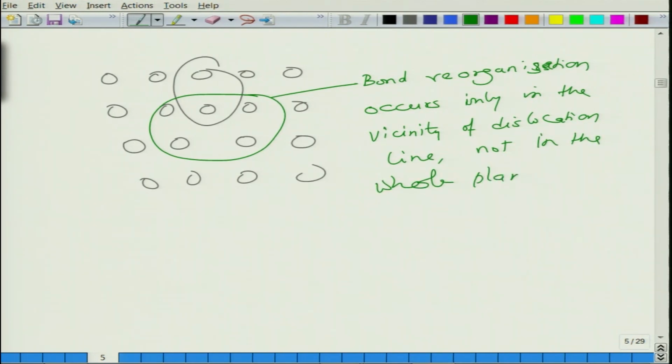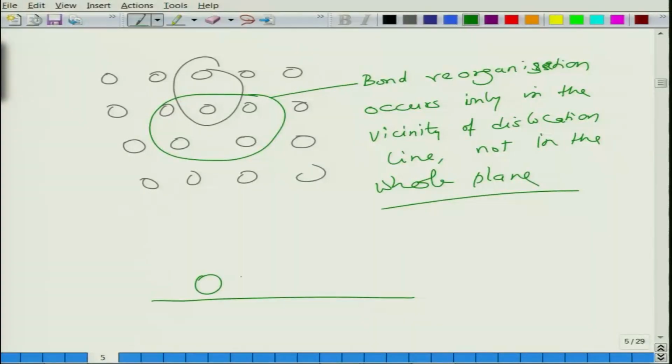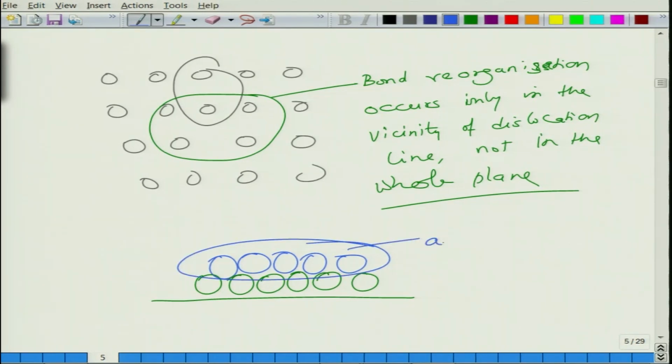So, although it looks as if the whole plane is moving, it is just that line, just that core which moves. So, only a bunch of atoms are required. In a perfect crystal, on the other hand, all these atoms move. So, this is perfect and this is real.